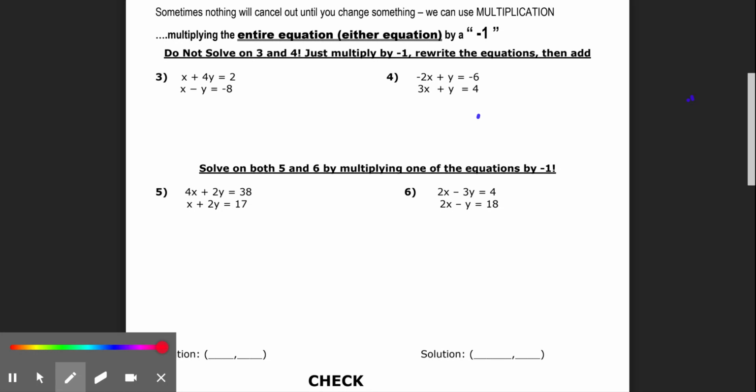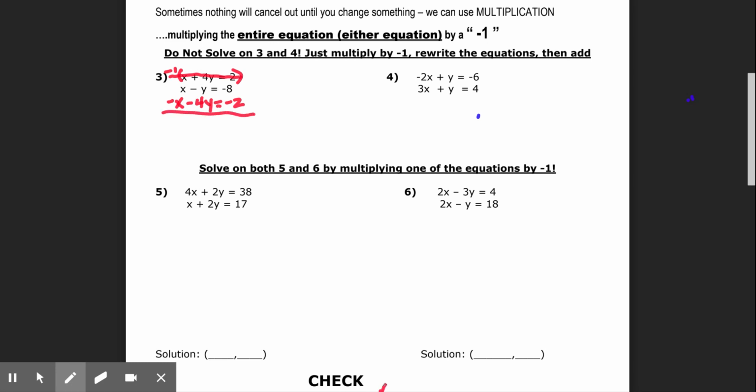So what we're going to do here is multiply this top equation by negative 1. I'm just going to put it underneath this one. So we're going to have negative x minus 4y equals negative 2. So I pretty much am just wiping this equation out and not using it anymore.